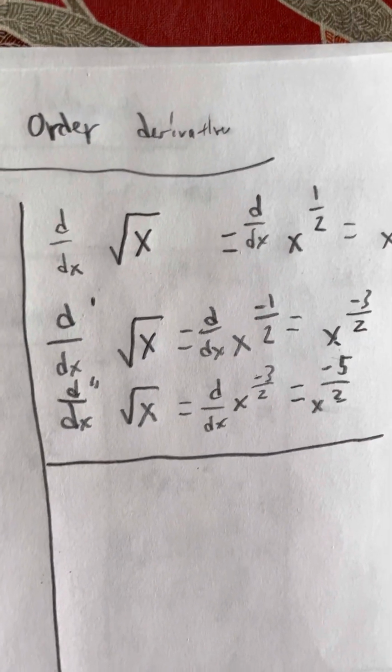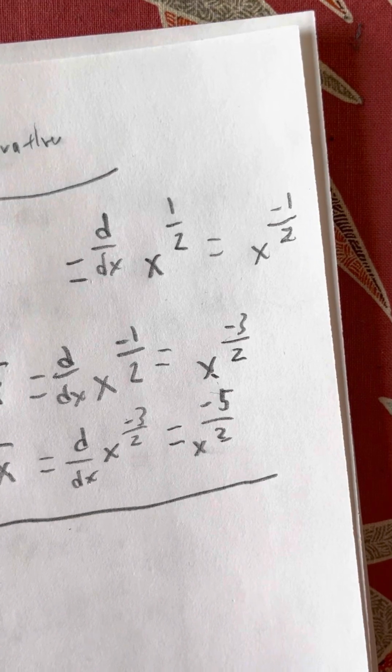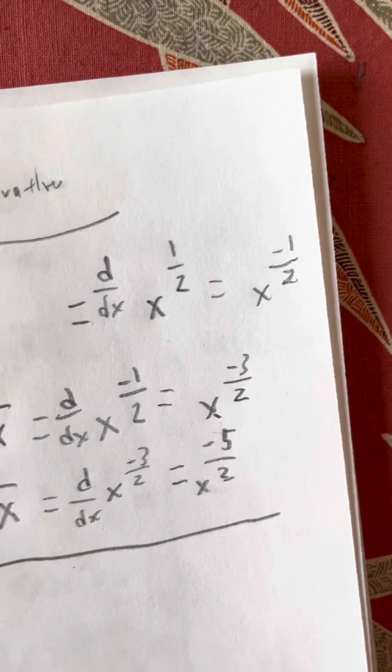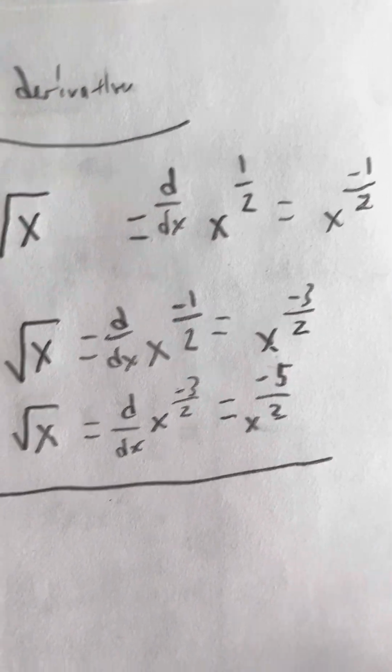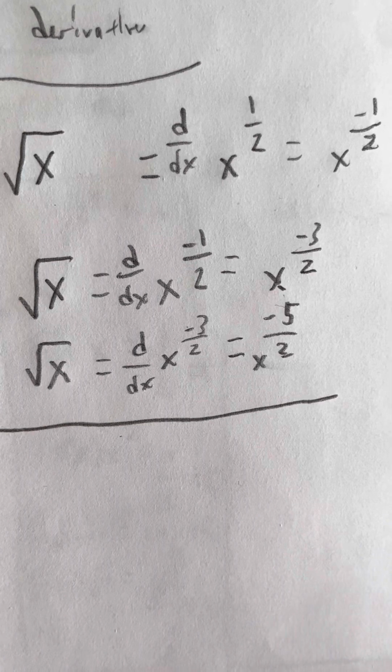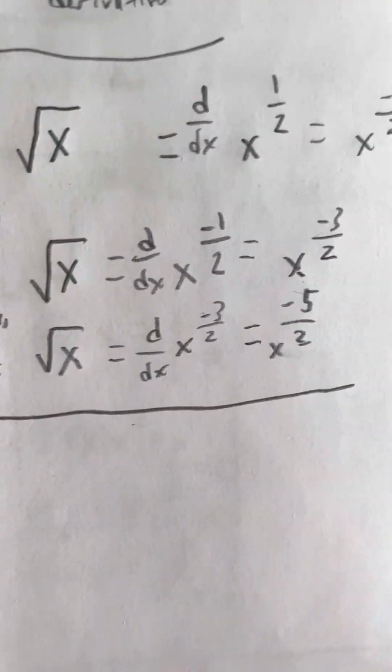Then d over dx of radical x, which is x to the 1/2, then it's x to the negative 1/2. Then you take the second derivative of that, and you get x to the negative 3/2. Then the third is x to the negative 5/2.